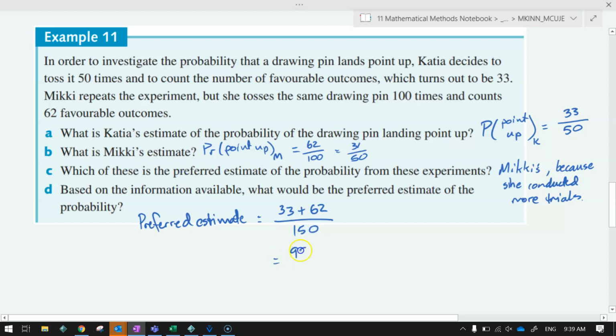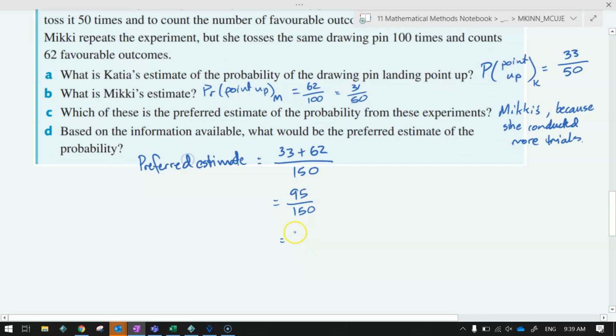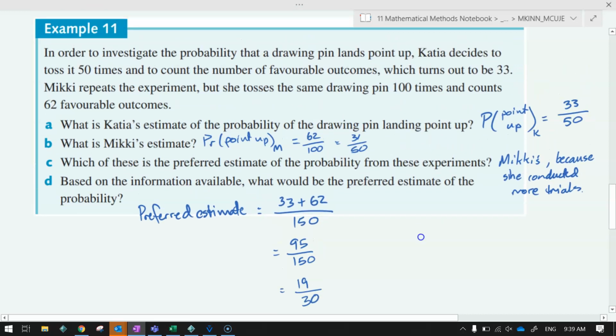What's that? 95 out of 150, which is going to be what, 19 over 30? Did I add up correctly? Good, we all agree? And we're done.